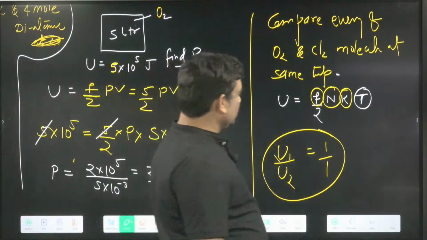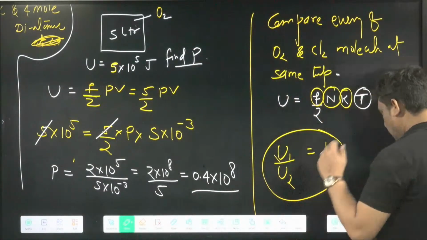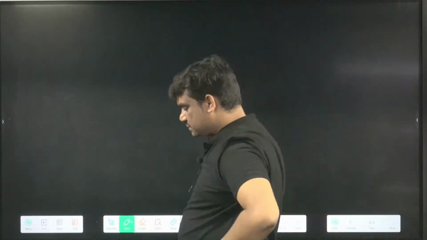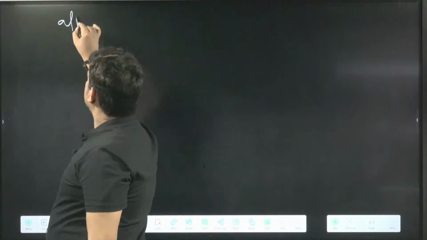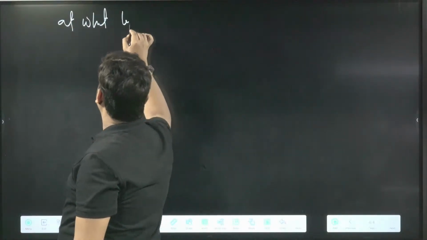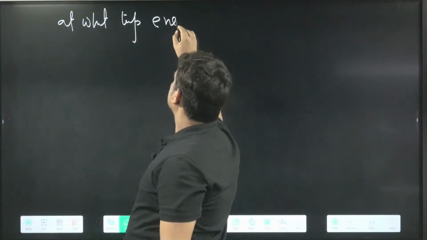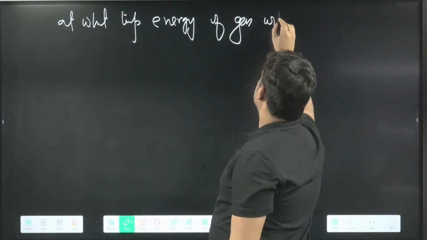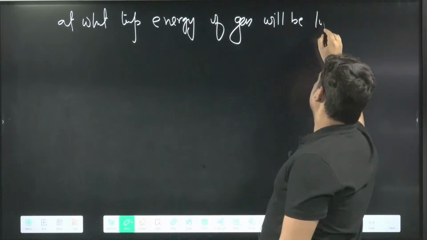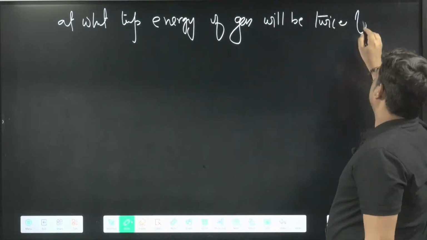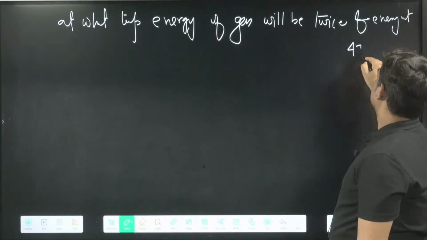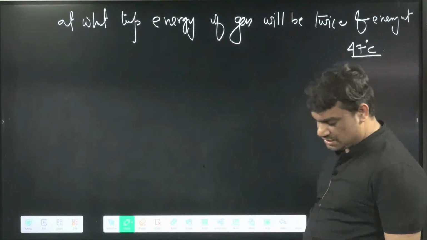So if I say about the next one, at what temperature energy of a gas will be twice of energy at 47 degrees Celsius.